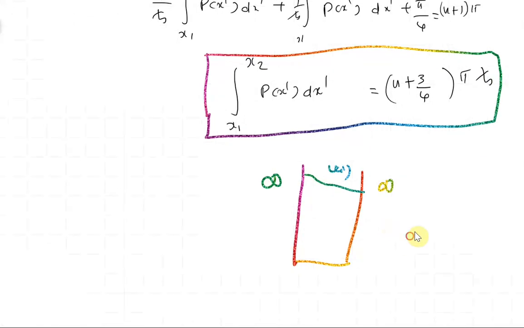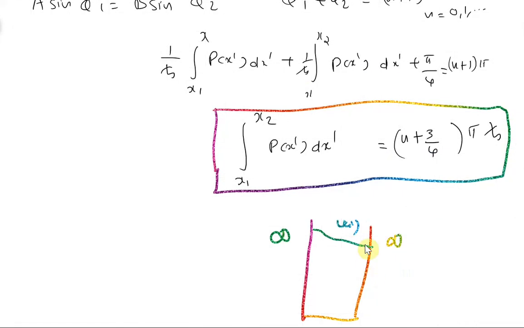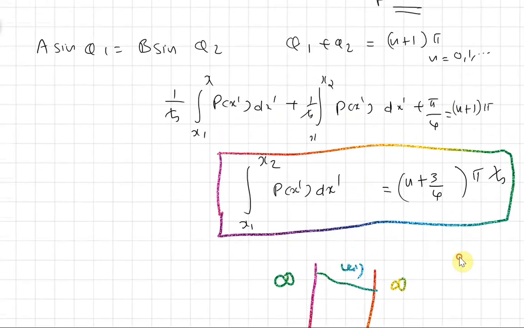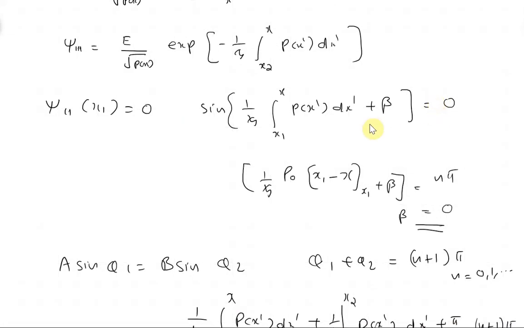So in this case, instead of having connection formulas, what we have is two boundary conditions. So the same way we will get the expressions. Only thing is that the connection formulas are not used. You just have to use the boundary condition, and when you put the boundary condition, you'll get beta in the second case also 0.